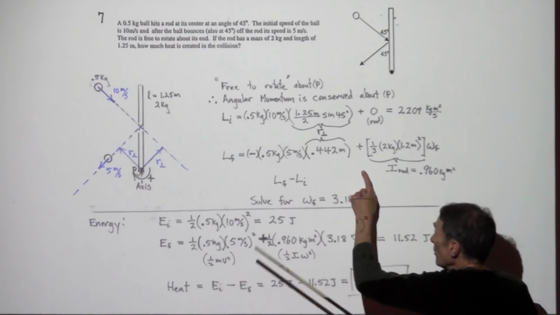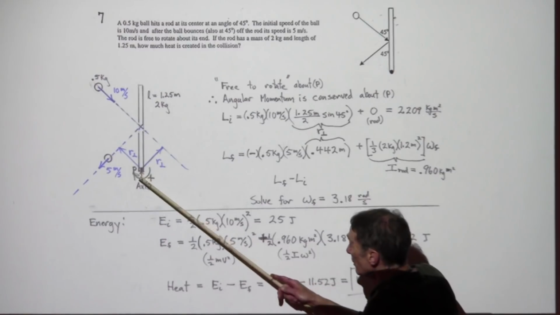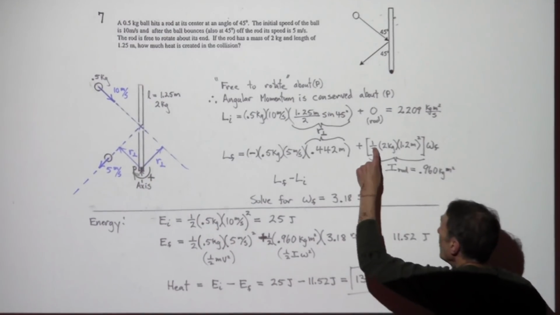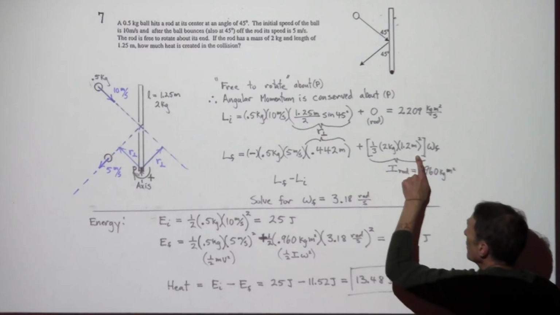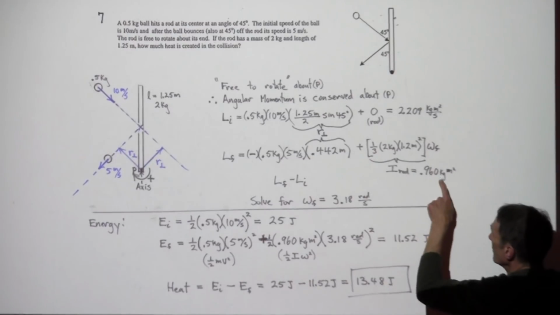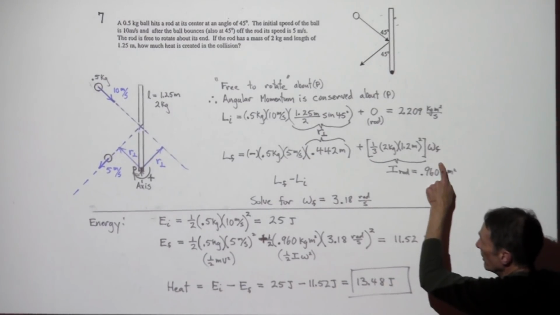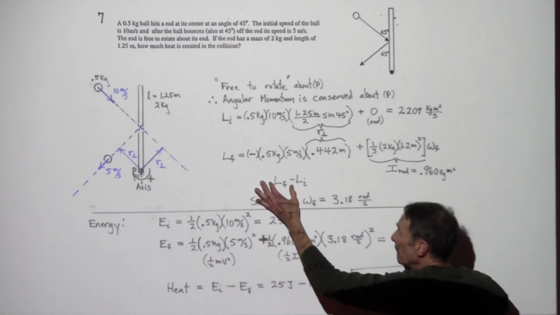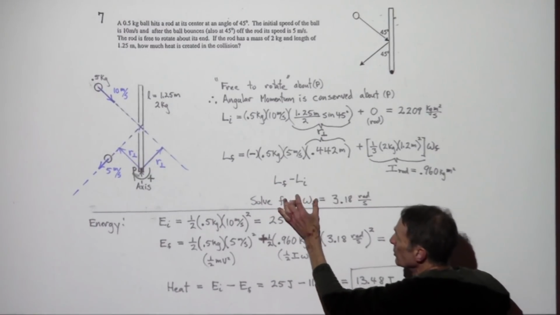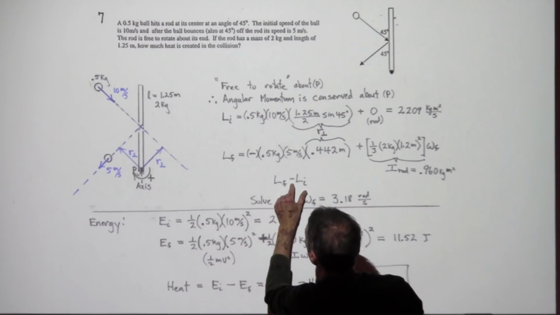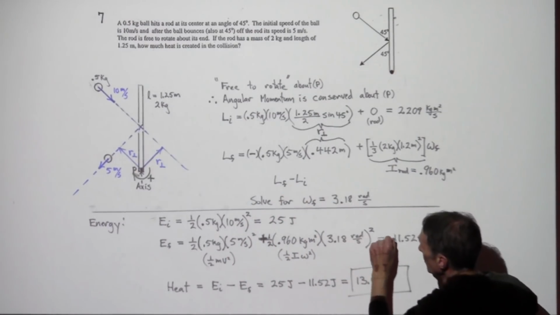And then, now we also have the stick here that's rotating around the end, and that was 1/3 mr squared for the moment of inertia of the rod, and we can crunch the numbers here, and there's going to be an omega. And so the final angular momentum is equal to the initial angular momentum.